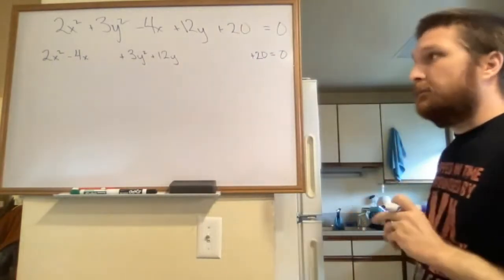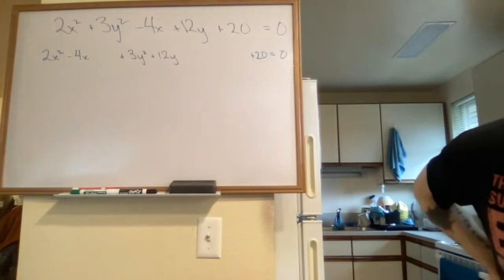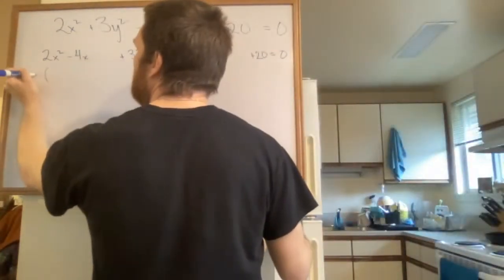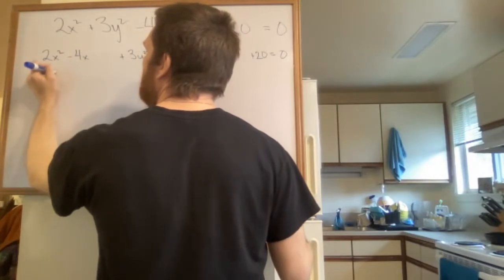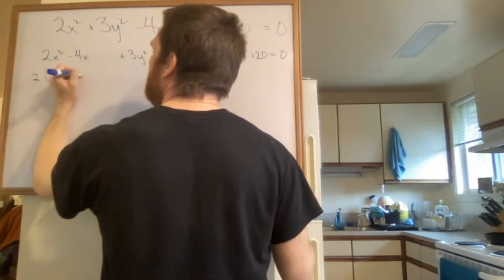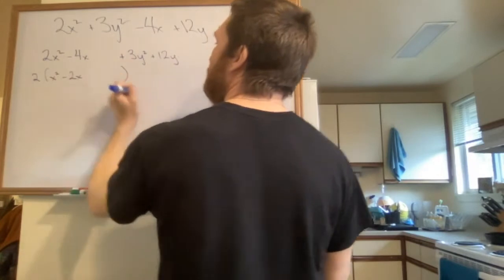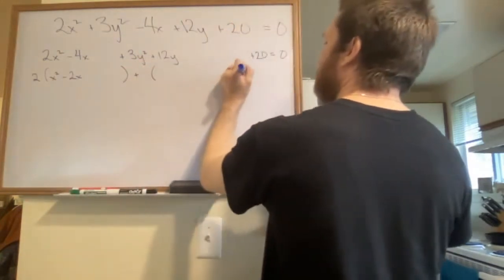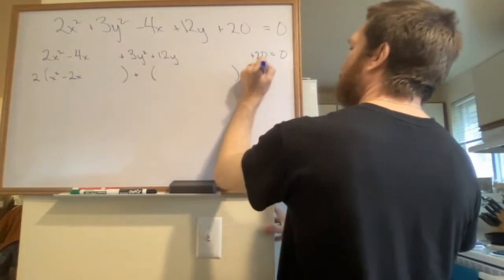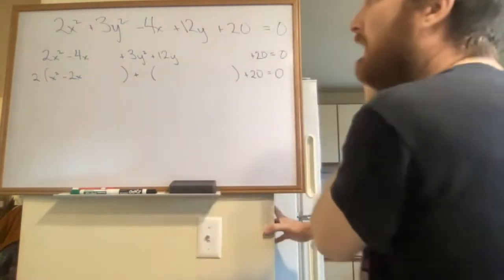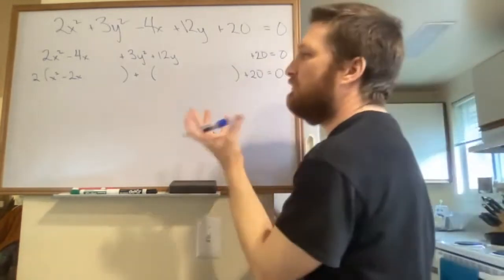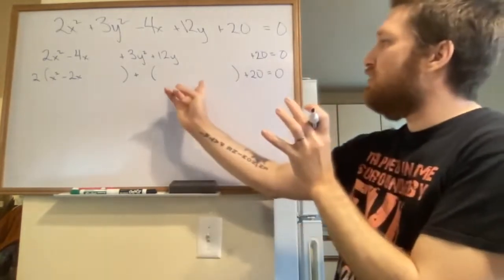Now let's see. I have a 2 in front of the x squared, so why don't I factor him out? And do the same thing with y. And without actually finding the plus or minus squared thing, you finish this up.